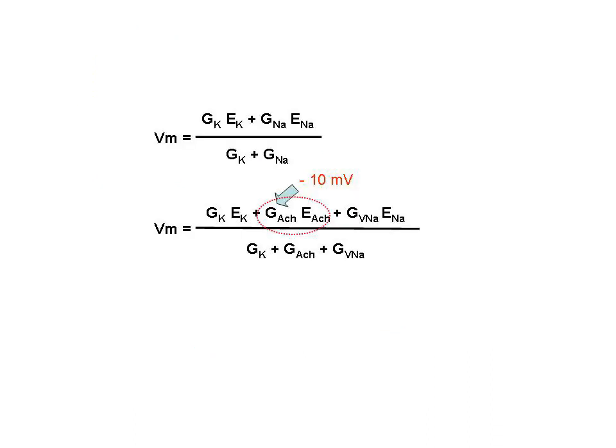We can understand why this is happening, because here you can see that the extreme saturation you can get under these circumstances is that the dominant conductance will be the acetylcholine receptor conductance.